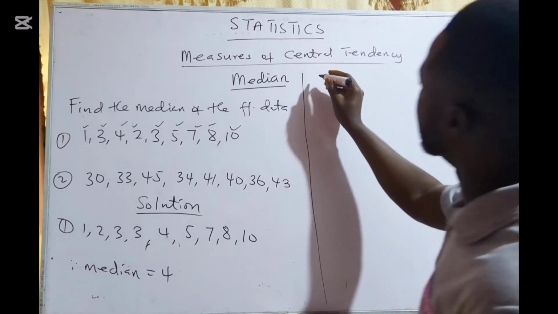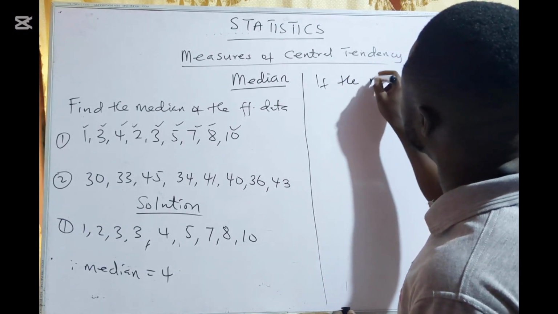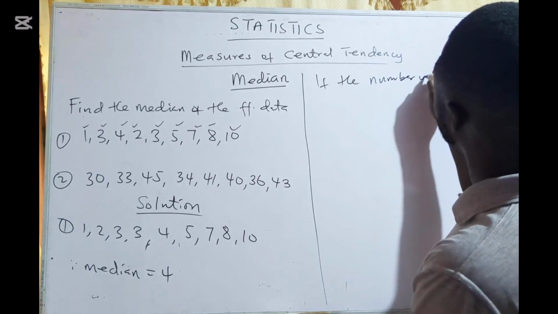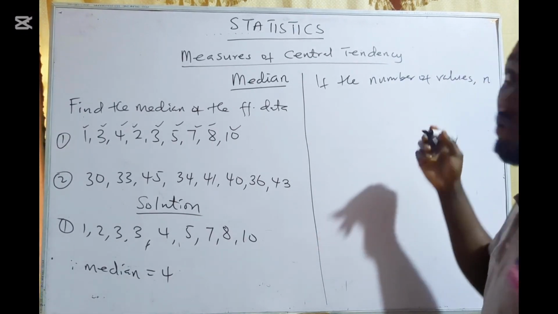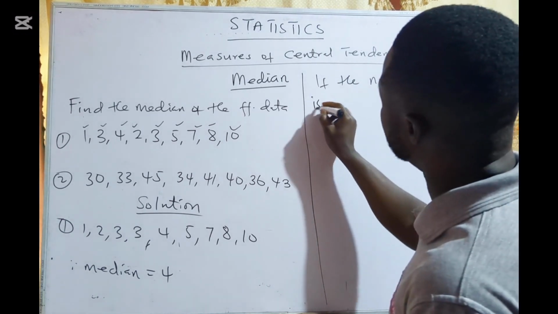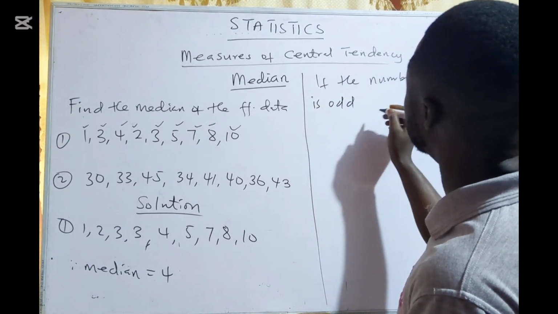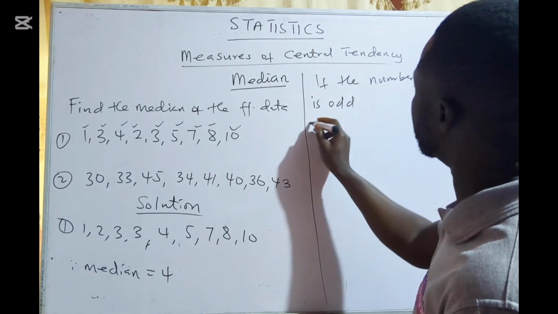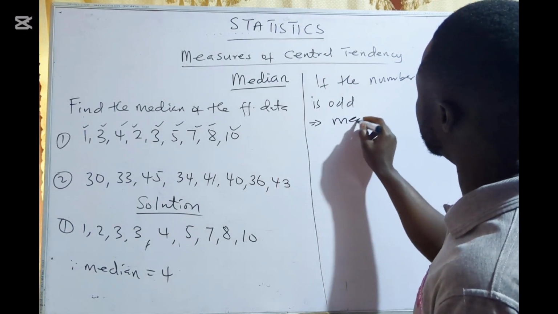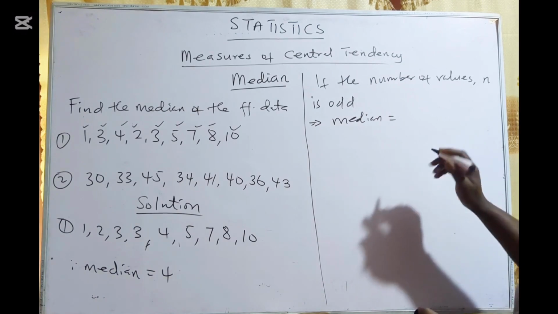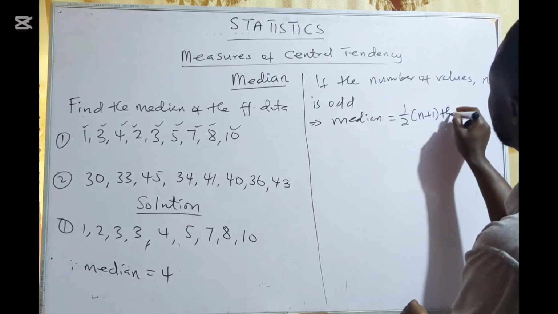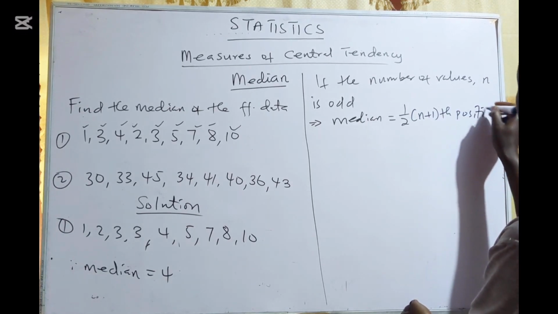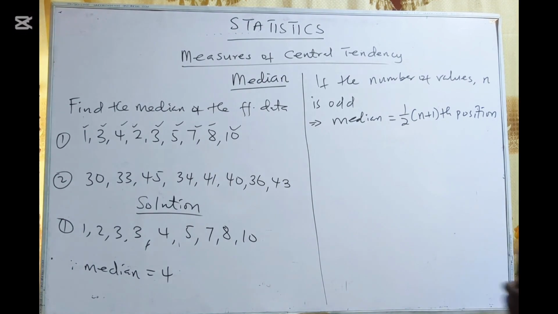If the number of values, let's say n, or the total frequency, is odd, then our median is at the half of n plus 1 position. So this is the formula that we can use.